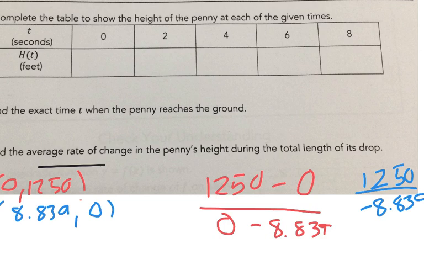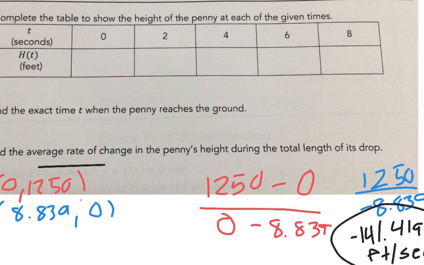Somebody do that calculation for me, please. Negative 141.4. Hold on, it lagged on me. 141.419, and this would be in feet per second, which means on average, the penny is falling 141 feet for every second.